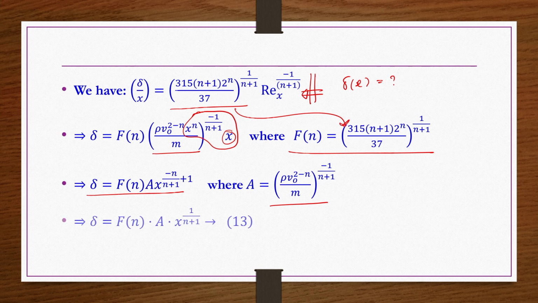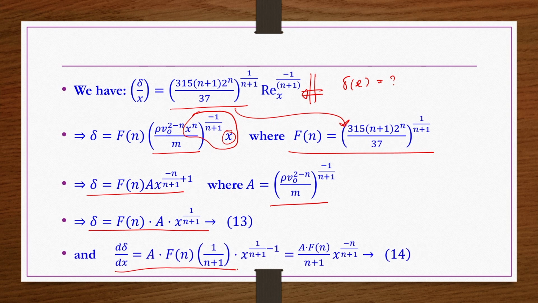So, delta equals Fn A x power 1 by n plus 1. Now, d delta by dx, from here you get A Fn 1 by n plus 1 x power 1 by n plus 1 minus 1, that is x power minus n by n plus 1.